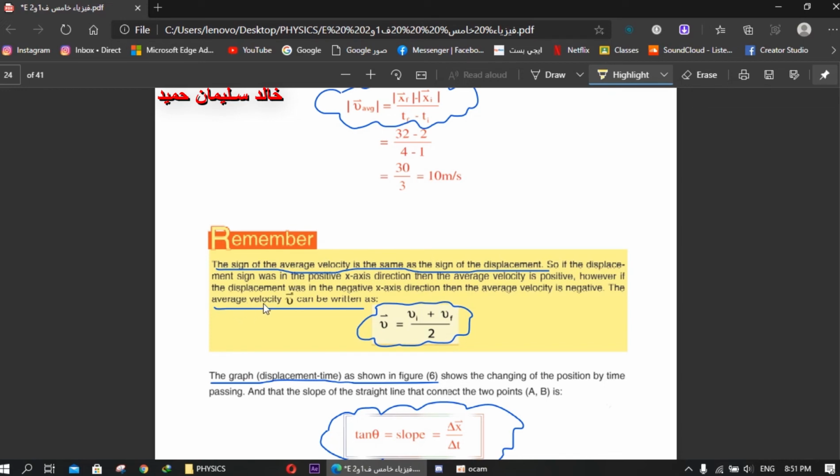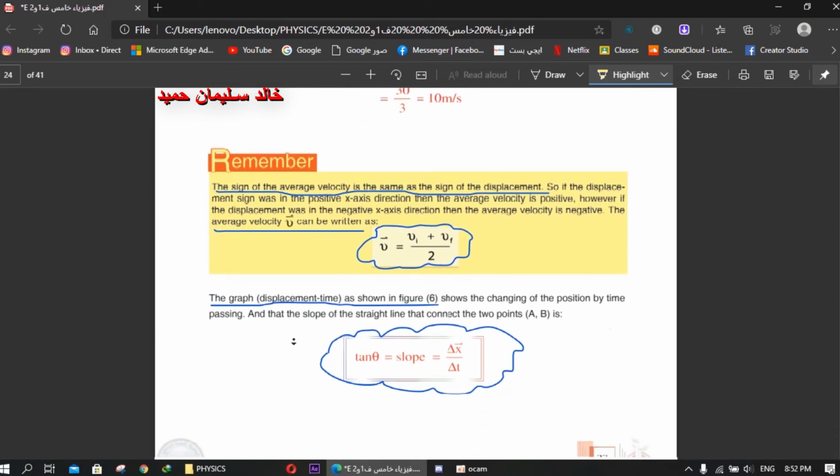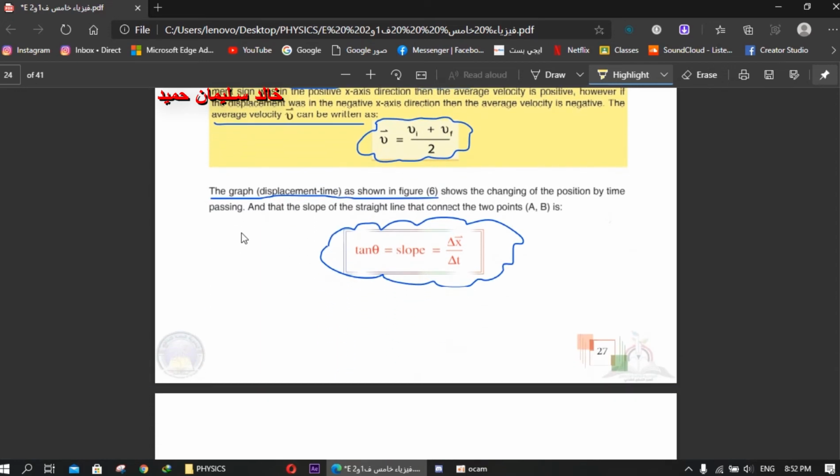The average velocity v can be written as, if we have initial velocity and final velocity, then the average can be calculated by this equation: v initial plus v final over 2. Now the graph of displacement and time as shown in figure 6.